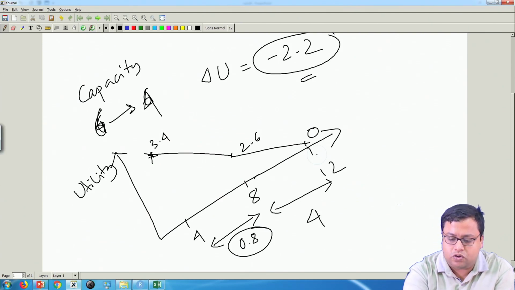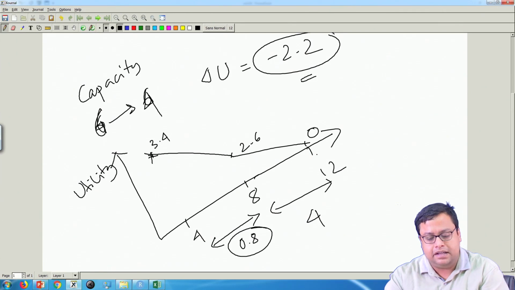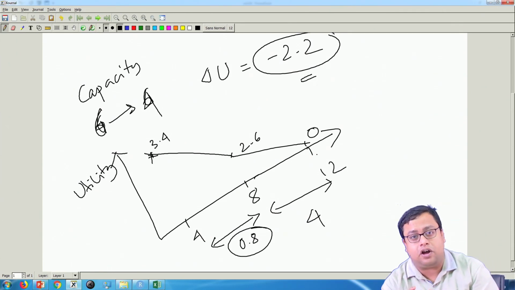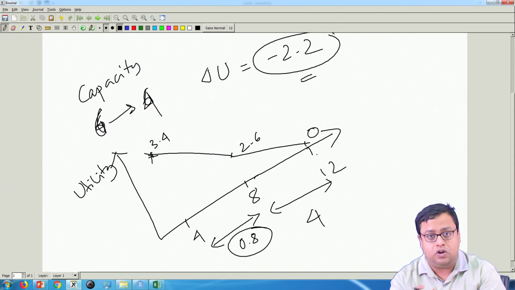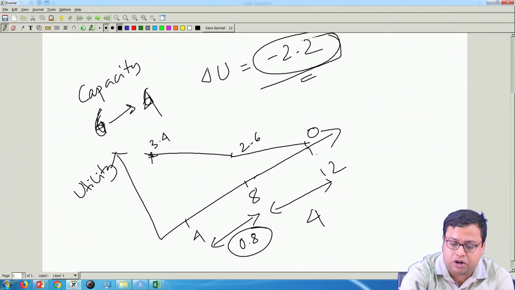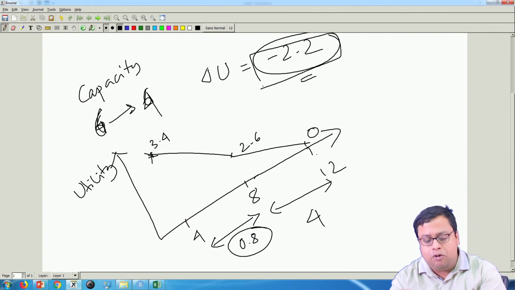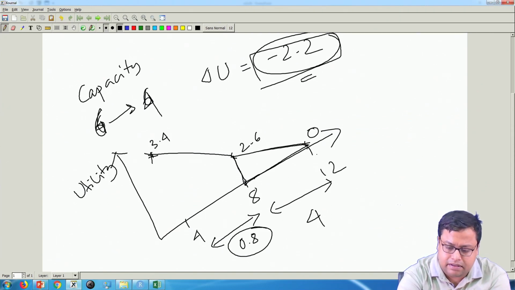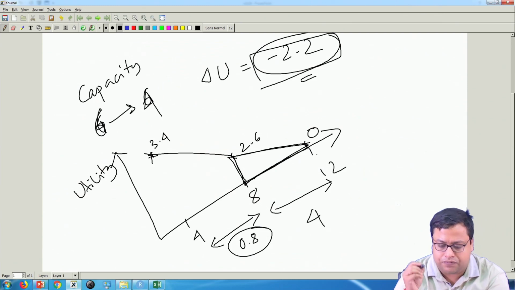So, when you change from 12 lakhs to 8 lakhs, you gain utility 2.6, but you have to gain 2.2 because 2.2 is something that you are losing. So, how much will that be? At 8 lakhs it is 2.6 and at 12 lakhs it is 0. This is the table, this is the equation, and you are trying to find out where this 2.2 comes.